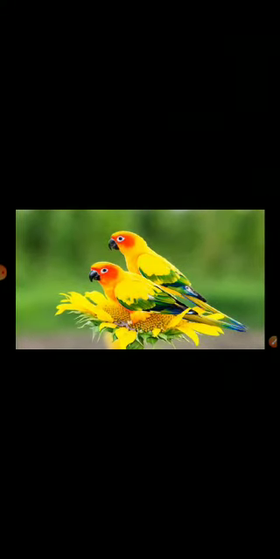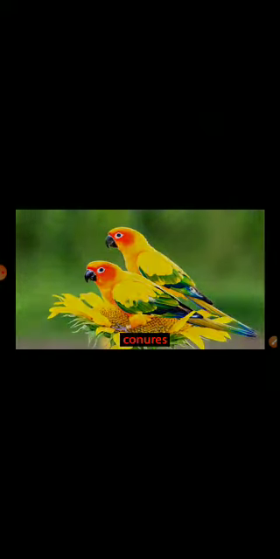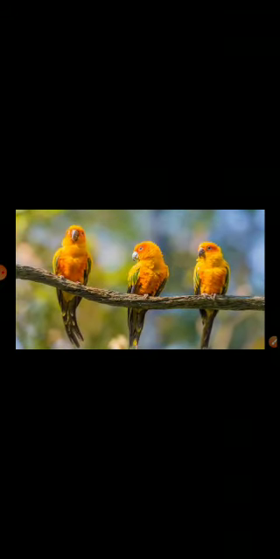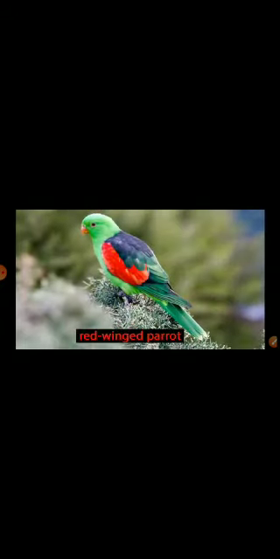You can see many colorful birds here, including many members of the parrot family, like these conures. These parrots live in noisy flocks high up in the trees. This red-winged parrot uses its strong, curved beak to feed on fruit, seeds, flower buds, and insects. Spider monkeys can spend their lives up here in the treetops and are expert climbers.